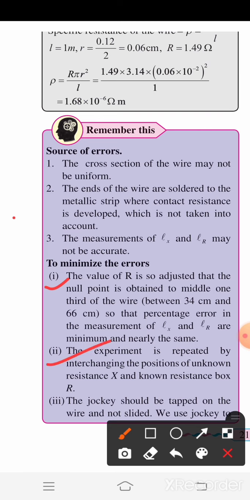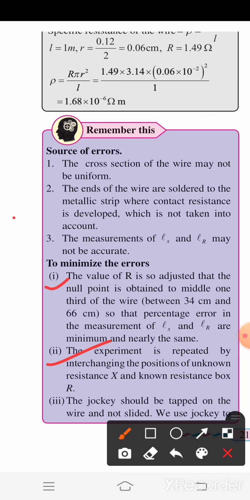The second minimization is that the experiment is repeated again and again. Means the experiment is repeated by interchanging the positions of unknown resistance X and the known resistance box R. For minimization of errors produced due to contact resistances, we repeat the experiment again and again by interchanging the positions of unknown resistance and known resistance box.